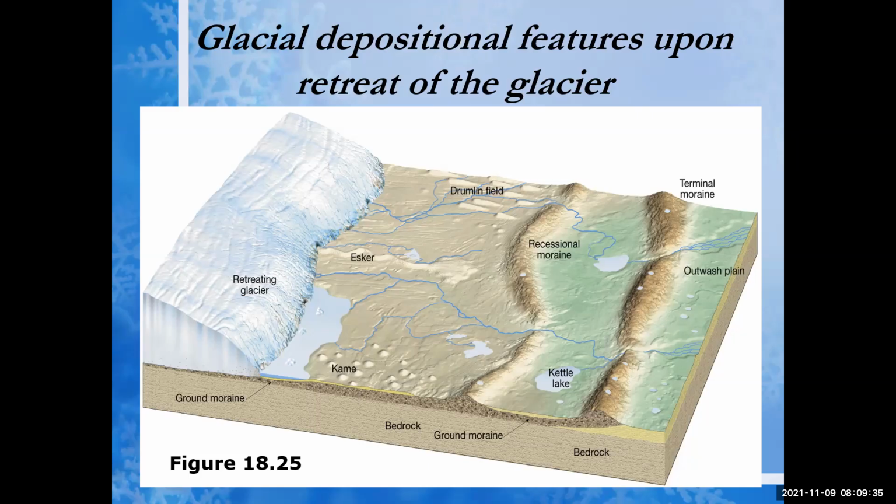When that glacier reaches as far as it can, that zone of accumulation, that zone of wastage pushes that glacier as far as it can. When it starts to retreat, all of that sediment at the end of that glacier will be deposited at the end of that zone of wastage. That furthest moraine, those piles of sediment, we call that the terminal moraine.